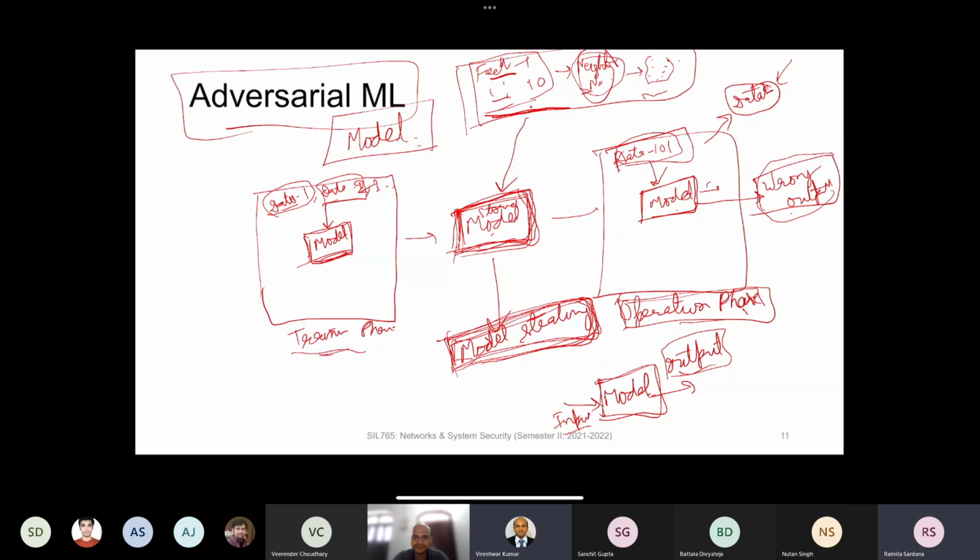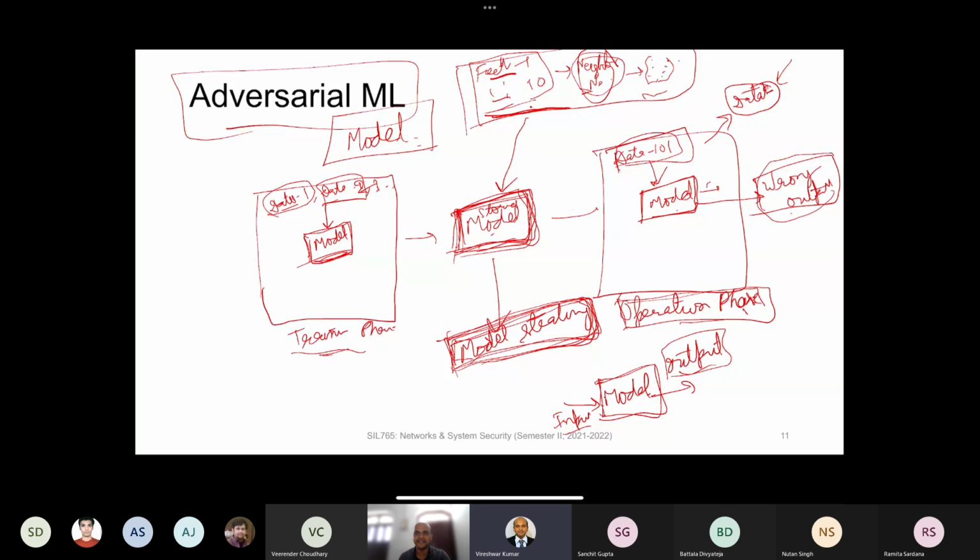Sir, the model stealing itself will be a machine learning process, right? It will try to learn the model based on the input and output. Yes, yes. That is what I'm saying. This adversarial ML is a completely different area of security, where we are not talking about the conventional cryptographic primitives, the conventional idea of using permutation and combination to provide security properties like confidentiality and authenticity.